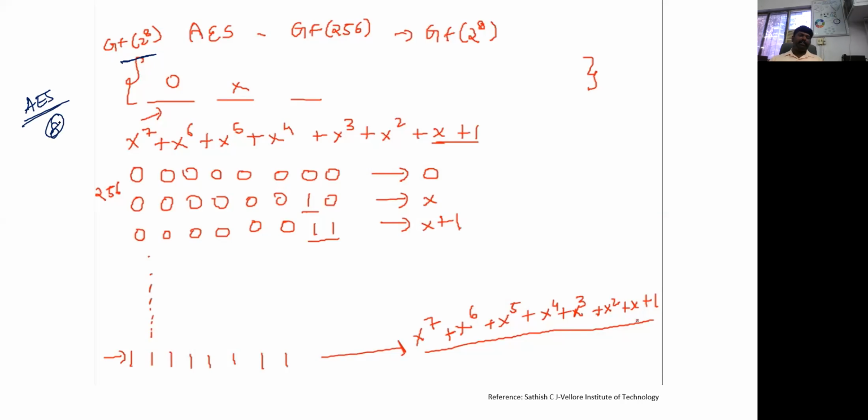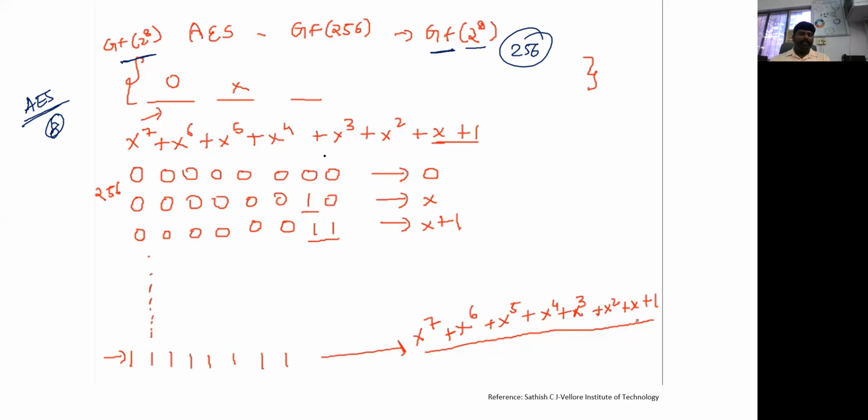The state array is represented using 8-bit values. For that, I need to use a Galois field, which is 2 power 8. So I will have 256 combinations, which start from all zeros to all ones.